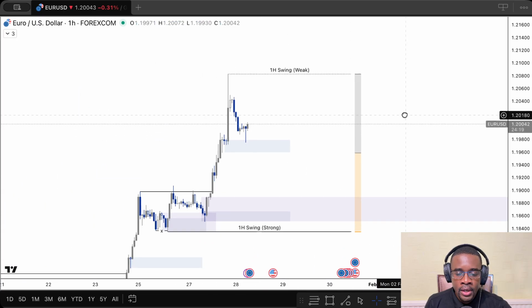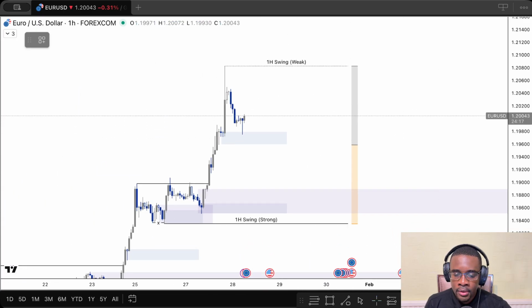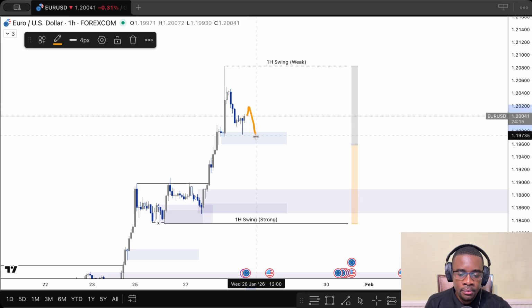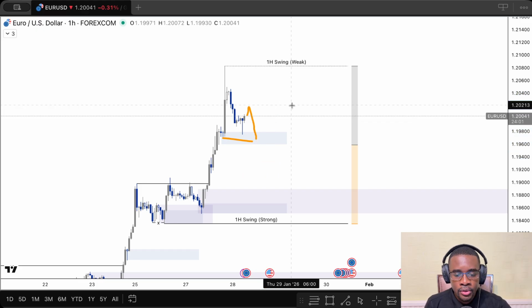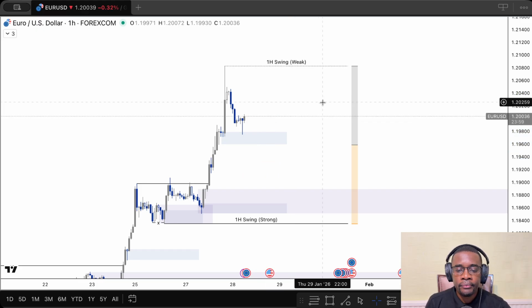So it is also highly likely that price could come up and then come down, sweep these lows, or even take out this zone, possibly to mitigate this one, before continuing bullish. So that's something to keep in mind as well.